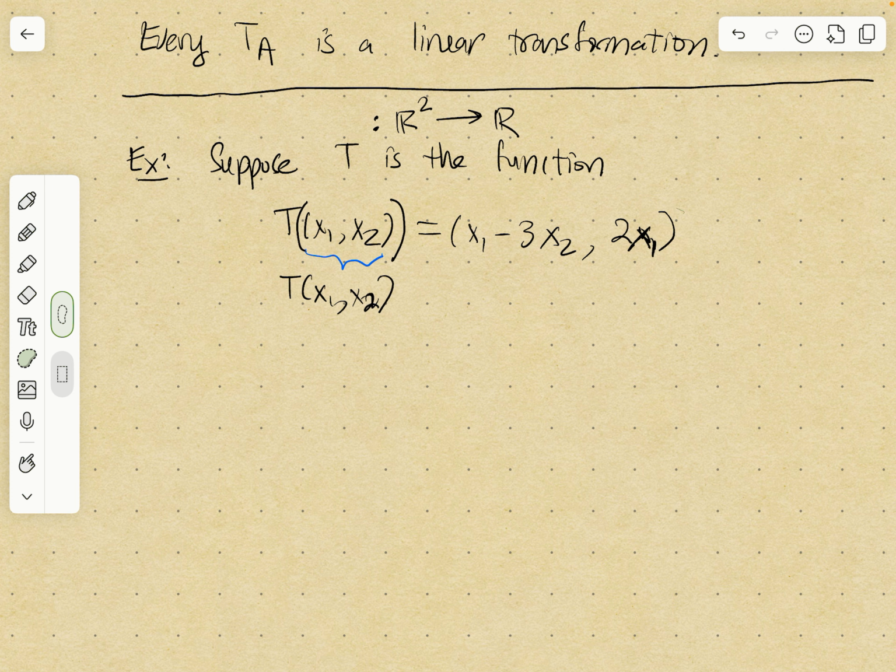Again, I see two outputs. Technically it's a single output, but it has two components. The first component is x1 minus 3x2, the second component is 2x1. So this is a function whose outputs are also in R2. That's the function T, and the question is, show that T is a linear transformation.